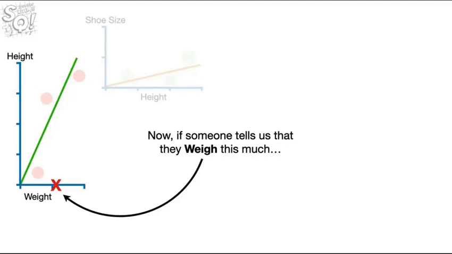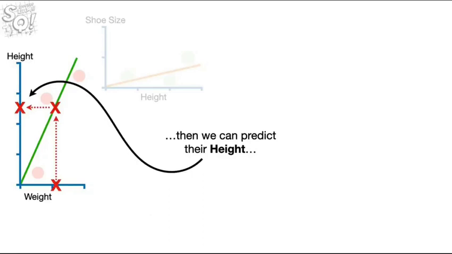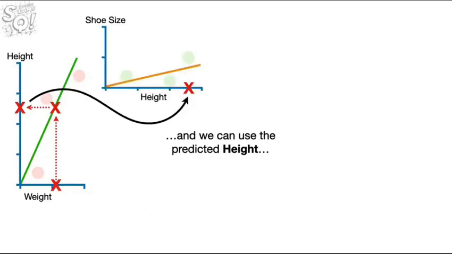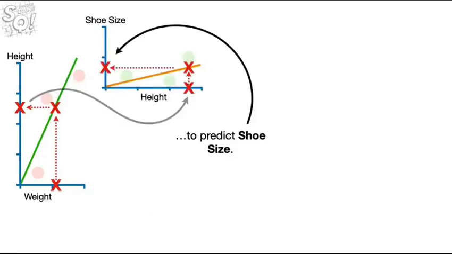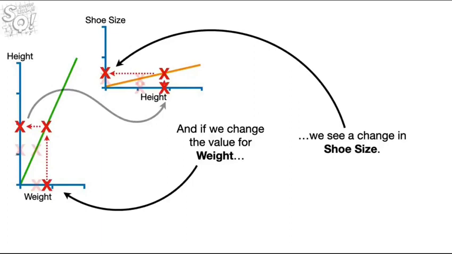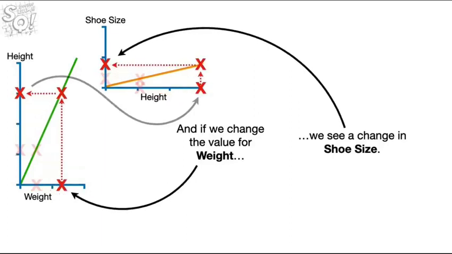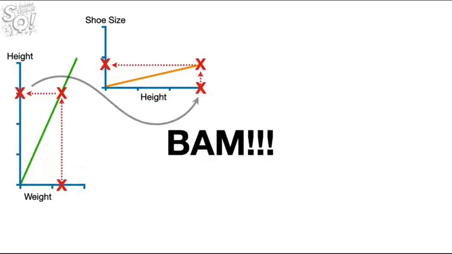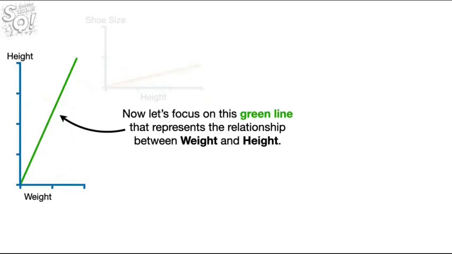Now, if someone tells us that they weigh this much, then we can predict their height, and we can use the predicted height to predict shoe size. And if we change the value for weight, we see a change in shoe size. Bam! Now let's focus on this green line that represents the relationship between weight and height.